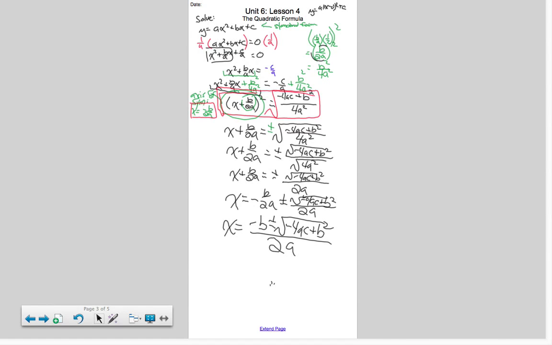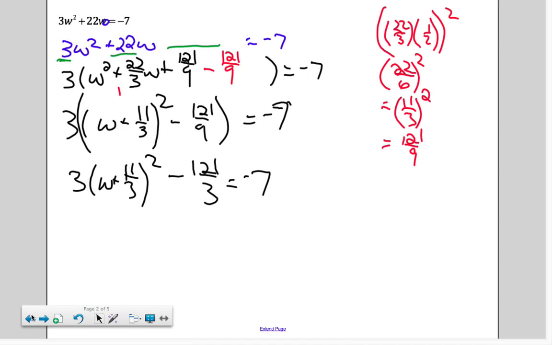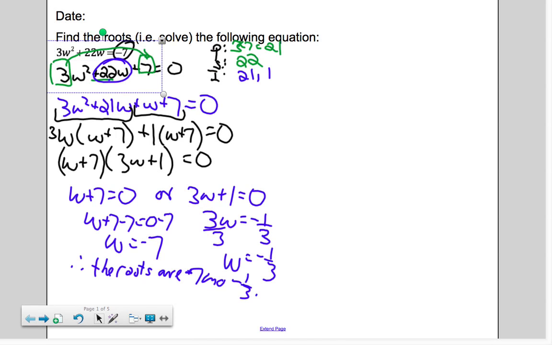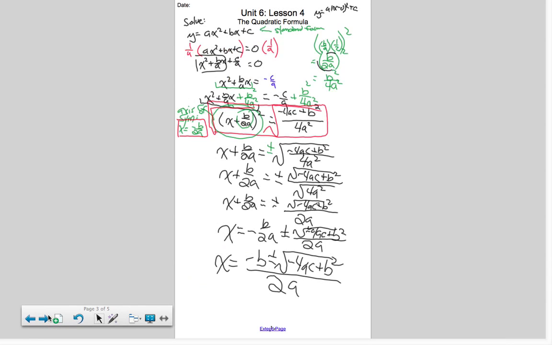So if we took this previous question, rewrote it in standard form, which we did over here, a was 3, b is 22, c is 7. We go back and plug that into this equation, and we will get the same answer.